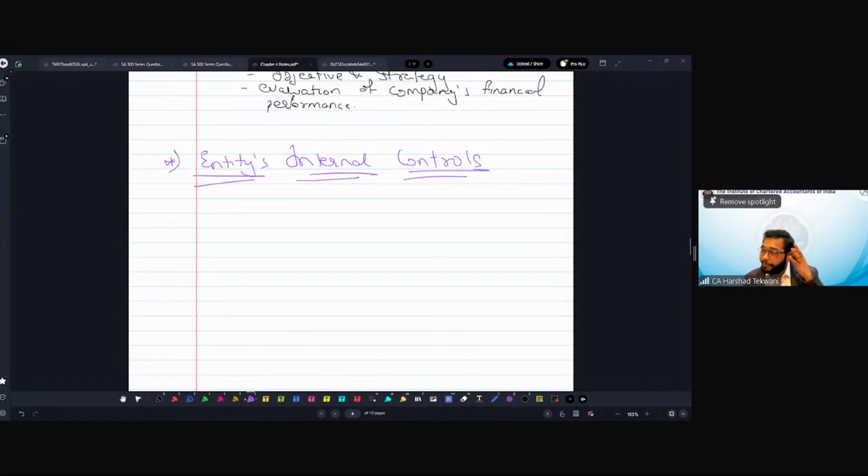Anyone else? Types of internal controls at the organization level.